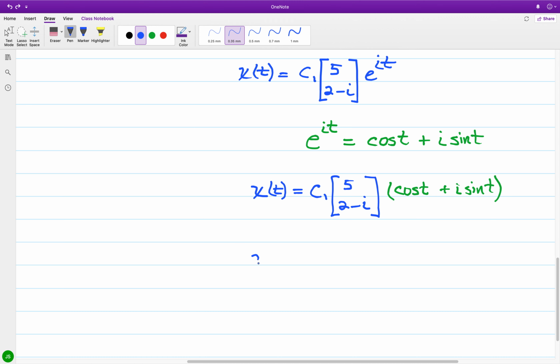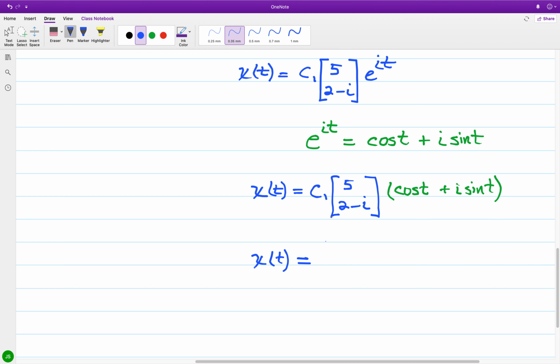So for x of t, I'm just going to compile together what we have here.